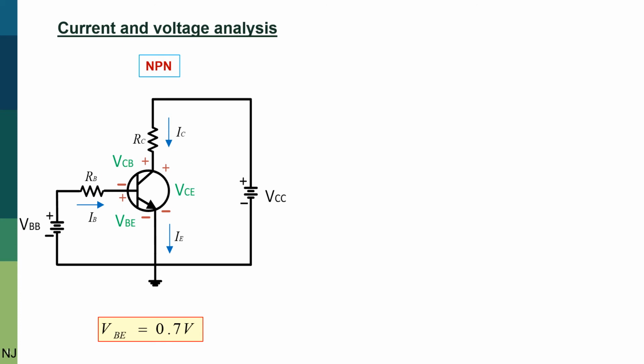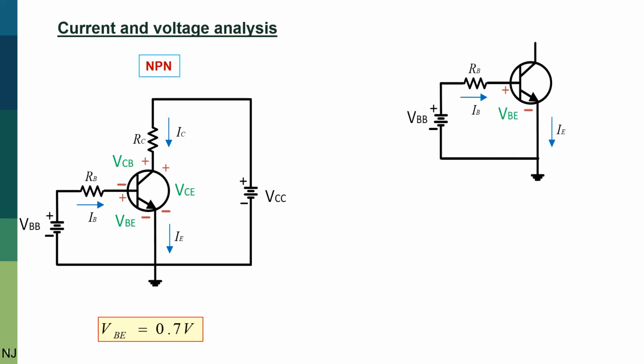Now let's do the current and voltage analysis for the NPN circuit. To do this analysis, let's divide this circuit into three parts. This is the first part. This is B, this is E, and this is C. When the BE junction is forward biased, it acts like a PN junction diode, which has a nominal voltage drop of 0.7 volt.